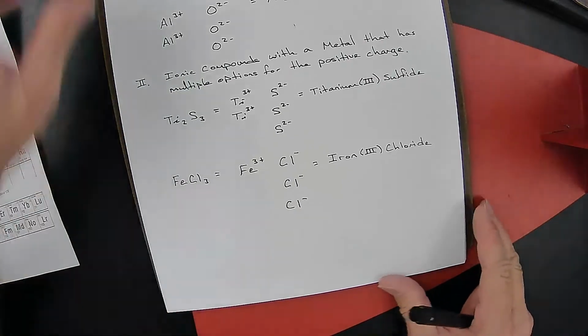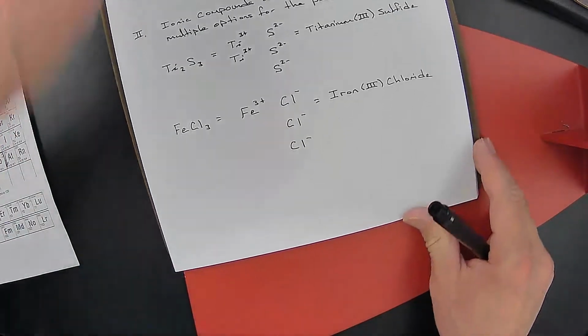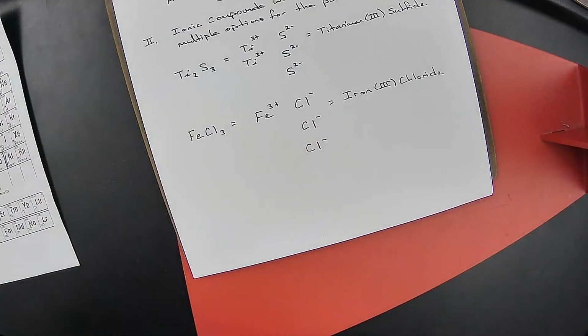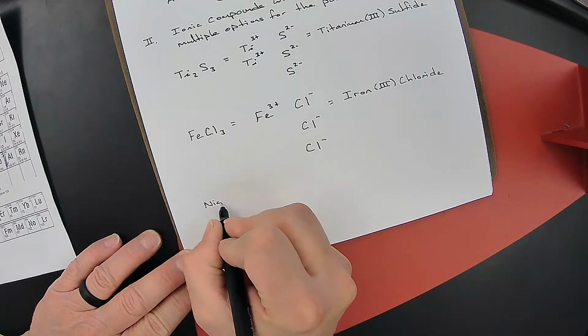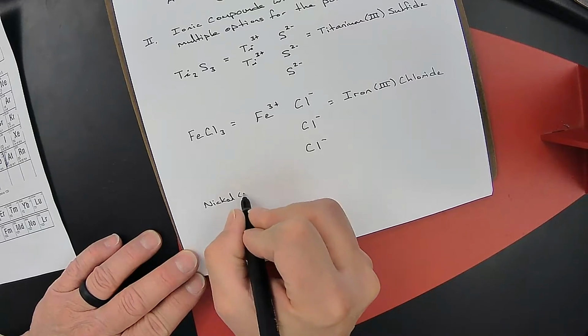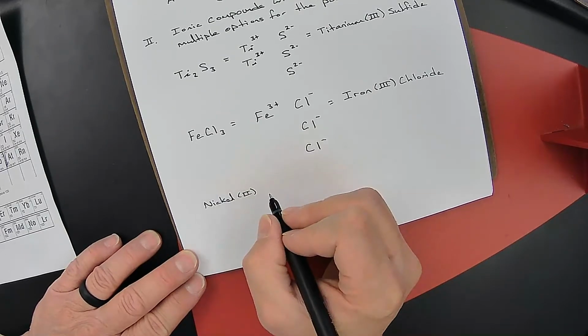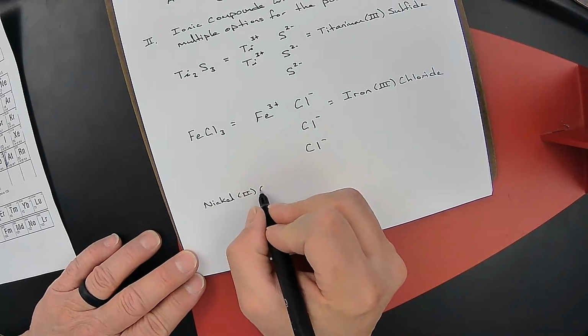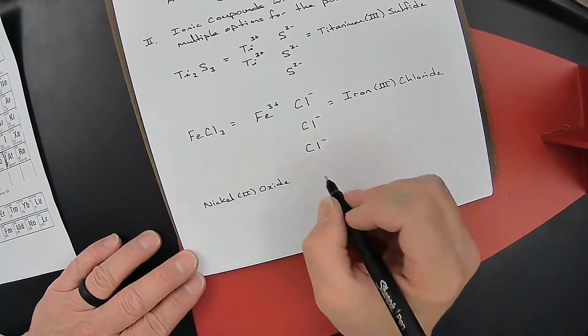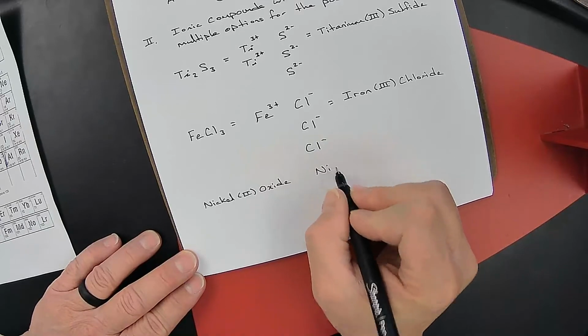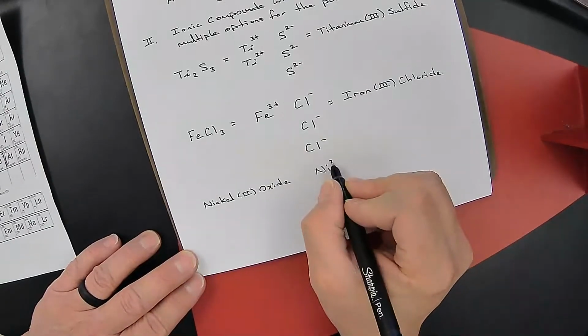If we were moving from the name to the formula, for instance, let's say that we have the example of nickel(II) oxide. Well, nickel(II) oxide, Ni is a 2 plus because of the 2.